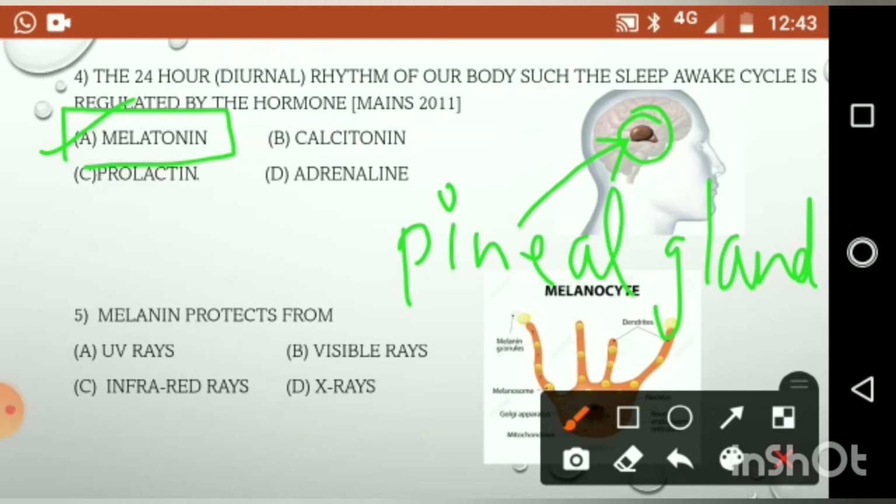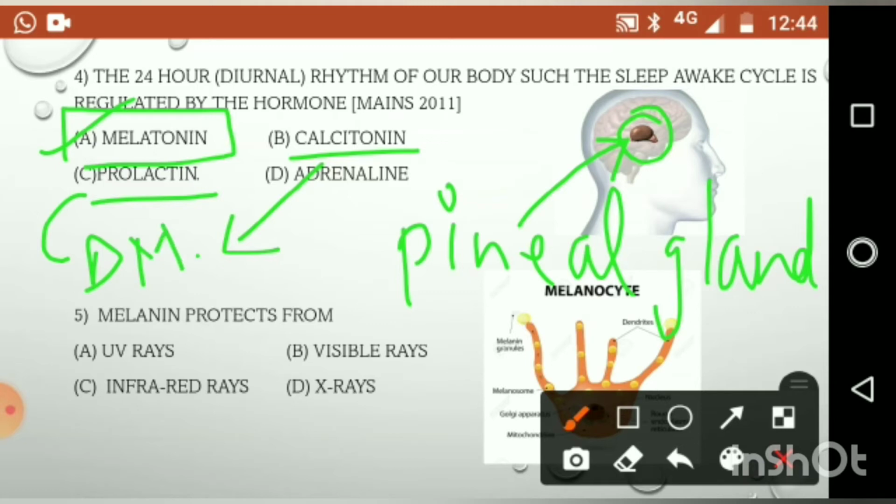Okay, now we will talk about the remaining options, like calcitonin. Now calcitonin is a hormone which works antagonistic to parathyroid hormone. Antagonistic meaning it works opposite to parathyroid hormone. Prolactin is the milk producing hormone. Its target organ is the mammary glands.